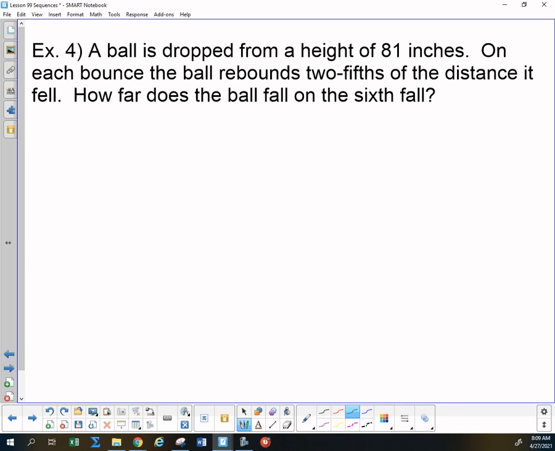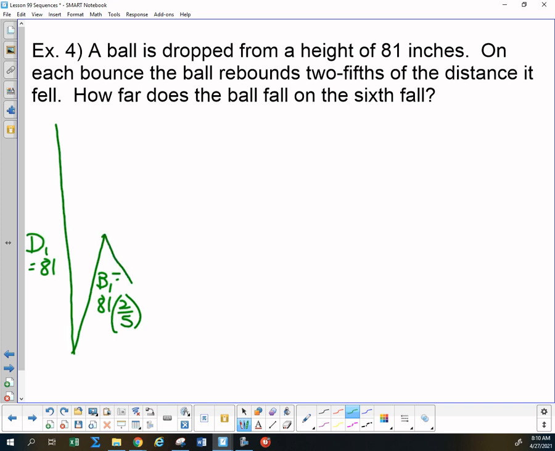So for this one, I am going to start at 81 inches and just drop the ball. So the first drop is 81 inches. Then it is going to bounce up 2/5 of that. So my first bounce is 81 times 2/5. Then it's going to drop 81 times 2/5.